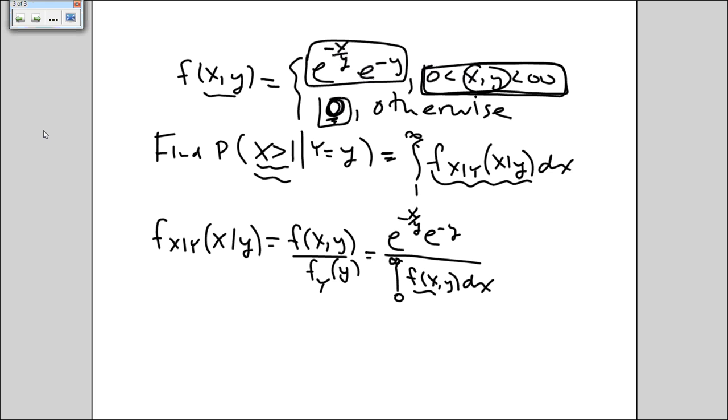But if you want to be exact, it's from negative infinity to infinity. We know that this bottom is 0 when x is less than 0. If you're not between 0 and infinity, you're less than 0. Okay, it's 0. Is that a problem? Oh, you can't divide by 0?